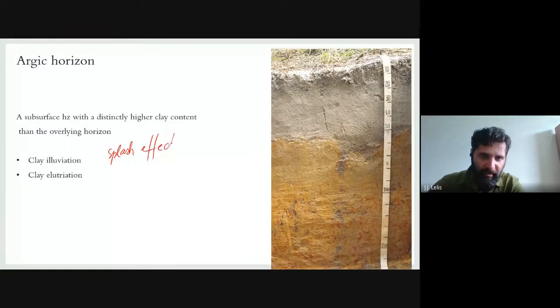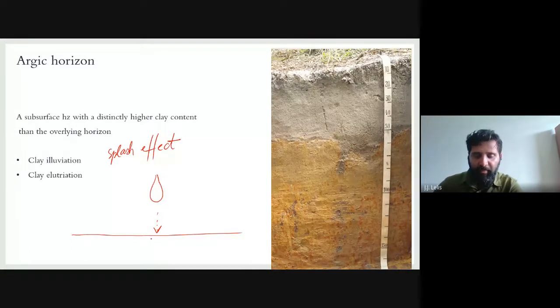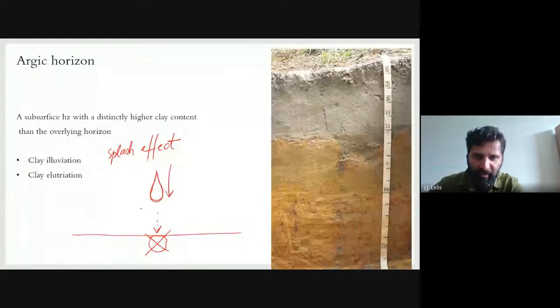What is the splash effect? It's the effect of a rainfall, a raindrop that reaches the soil profile and breaks the aggregates here, because this raindrop is very fast and has a small size, a small area of impact.